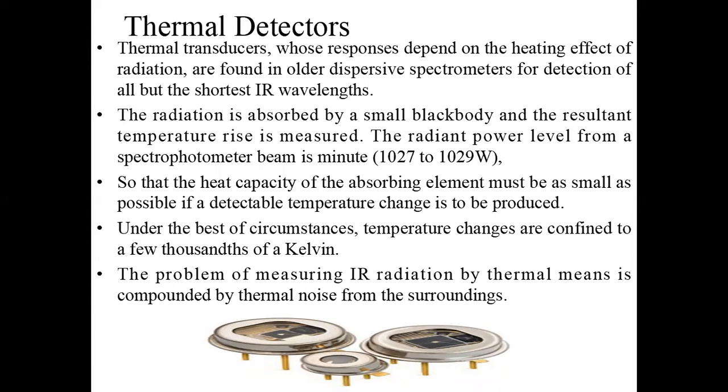The radiant power level from a spectrophotometer beam is minute, so the heat capacity of the absorbing element must be as small as possible if a detectable temperature change is to be produced. Under the best of circumstances, temperature changes are confined to a few thousandths of a Kelvin. The problem of measuring IR radiation by thermal means is compounded by thermal noise from the surroundings.